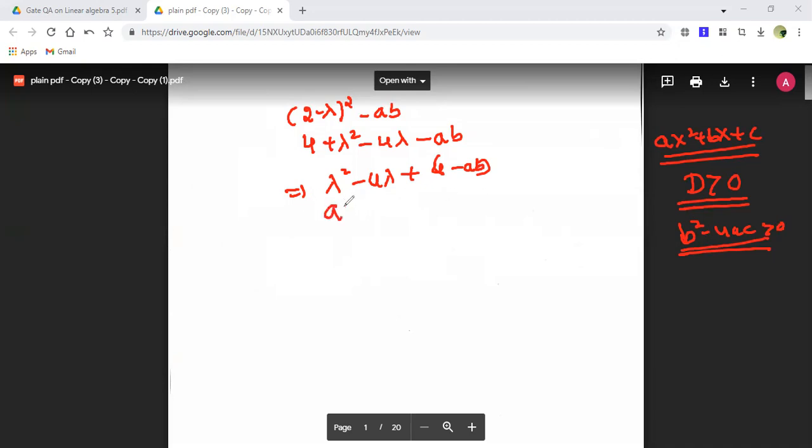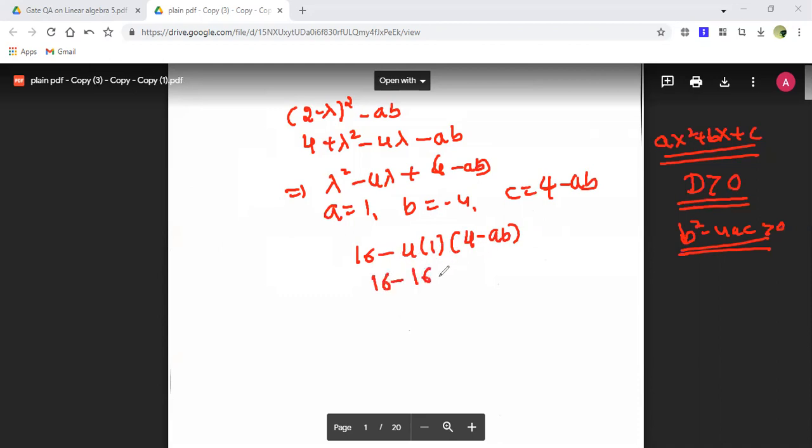Here a is 1, b is minus 4 and c is 4 minus ab. So let's see what b square minus 4ac is. b square is 16, minus 4 into 1 into (4 minus ab). The 16 minus 16 cancels, and minus into minus gives plus 4ab.